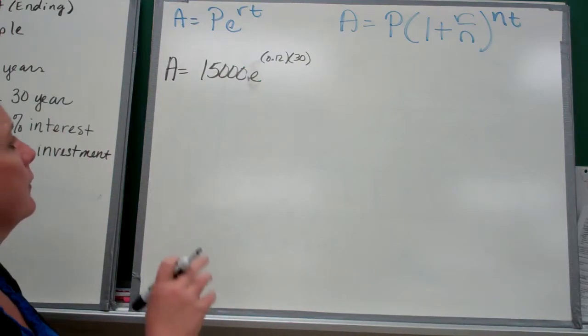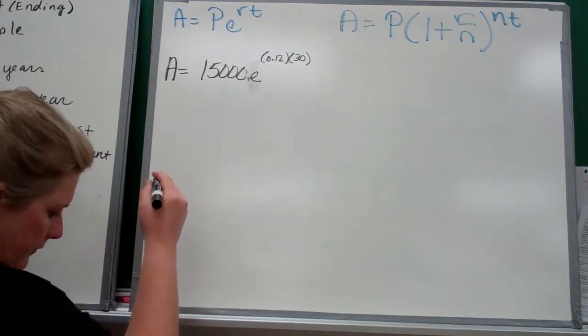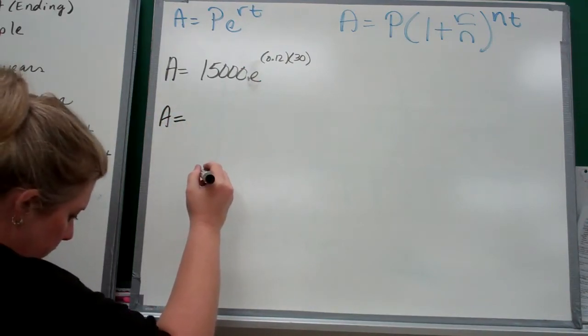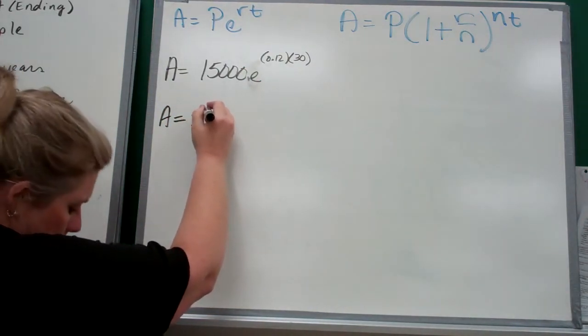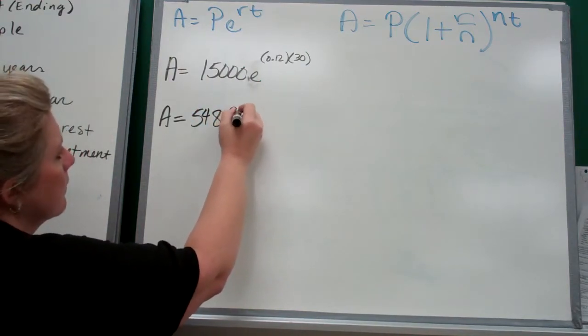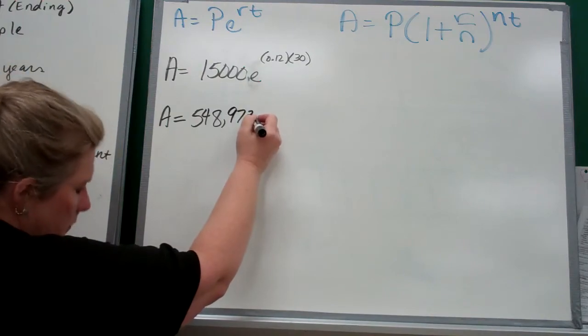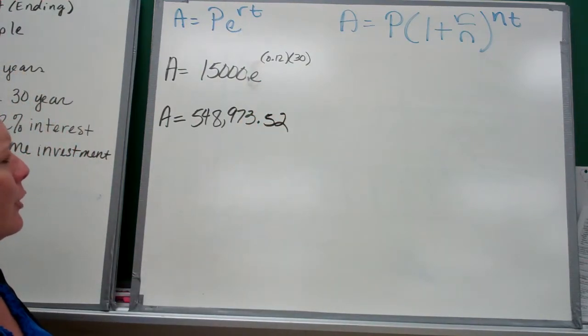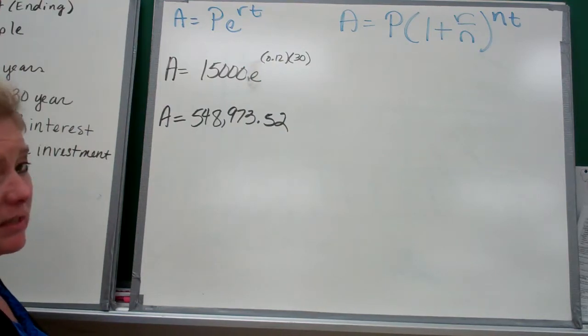So that $15,000 sitting for 30 years is going to increase to $548,973.52.